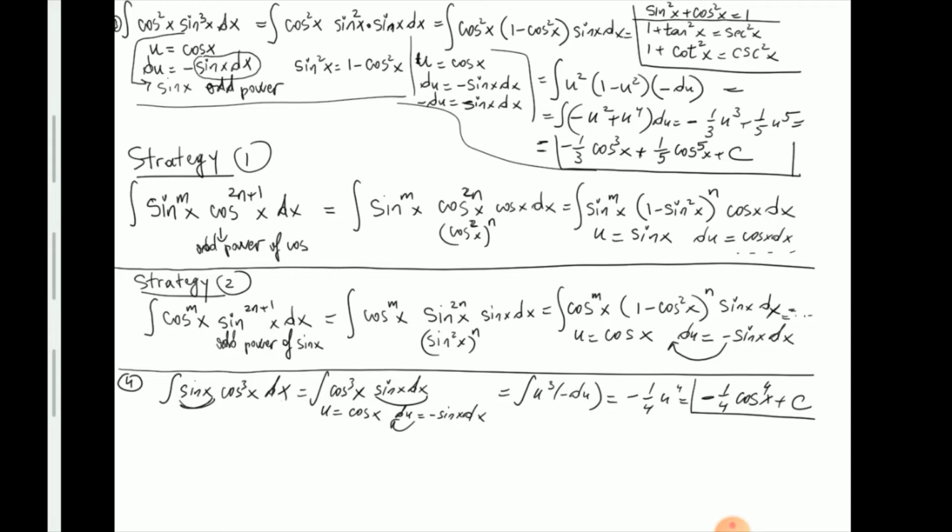All right, so what if you want to use strategy 1 and you say, okay, I'm going to use strategy 1, so I'm going to keep the sine here, I'm going to save a cosine of x separately, I'm going to use the identity for cosine squared, and then I'm going to use the u substitution with sine of x.